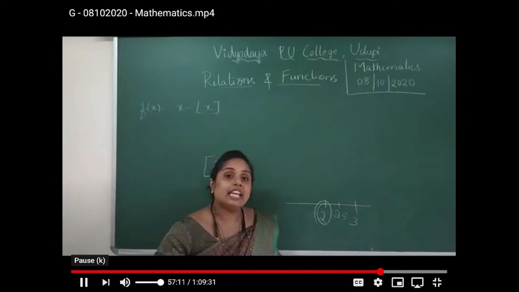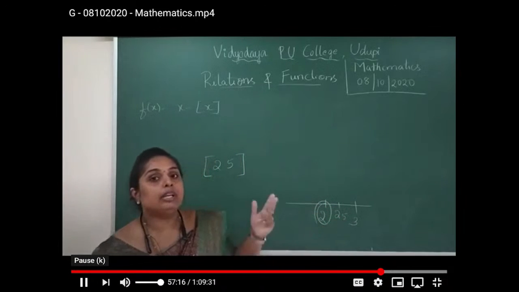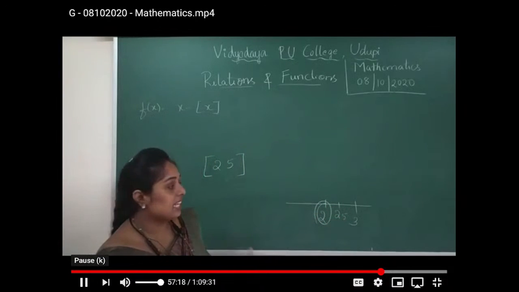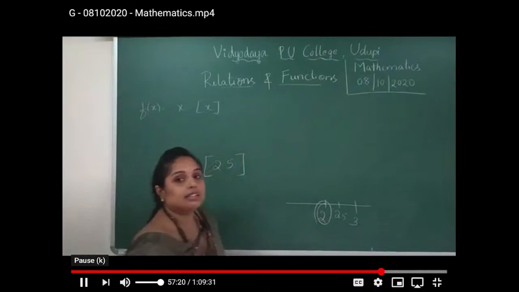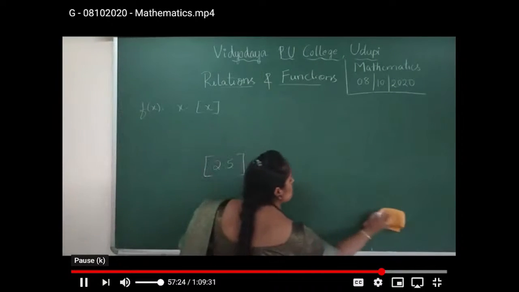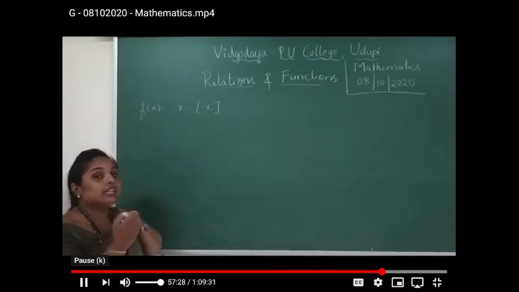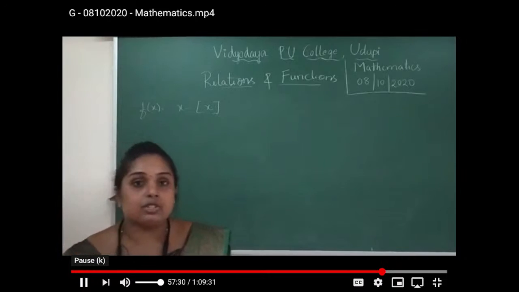Up till 2.999 it is 2. But for 3 it is 3. 3.1, 3. The value which is less than or equal to the given number, that is the greatest integer. You have studied the definition. Okay. Now, here the question is to find the range.